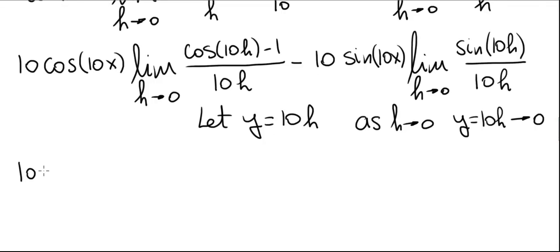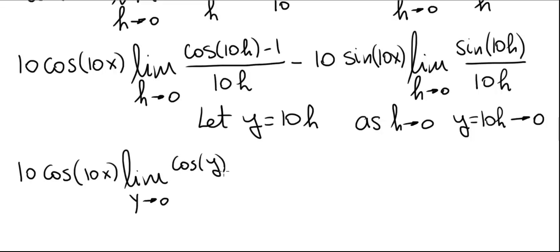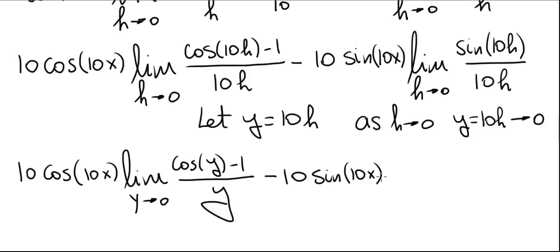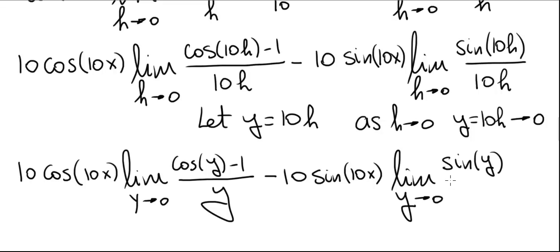We have 10 cosine of 10x times the limit as y goes to 0 of cosine of y minus 1 over y, minus 10 times sine of 10x times the limit as y goes to 0 of sine of y divided by y.